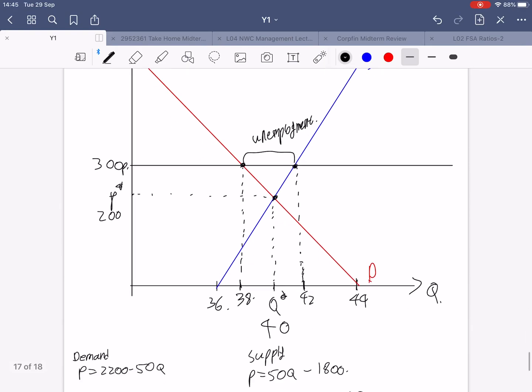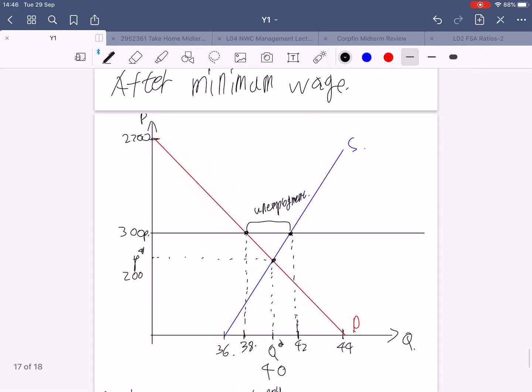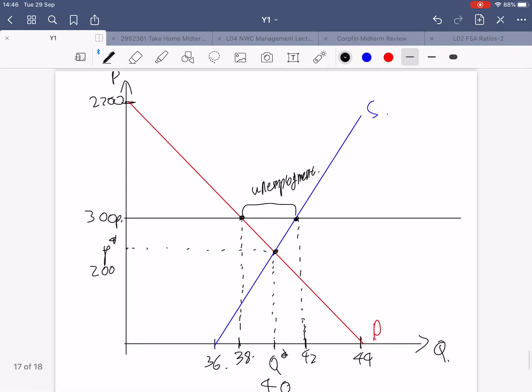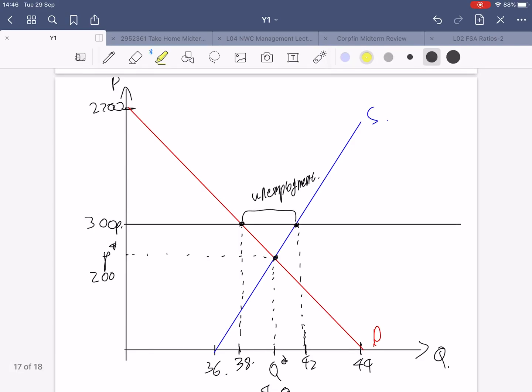Okay, and then we can find the new CS and PS. So for the new CS, I'm going to use yellow color.